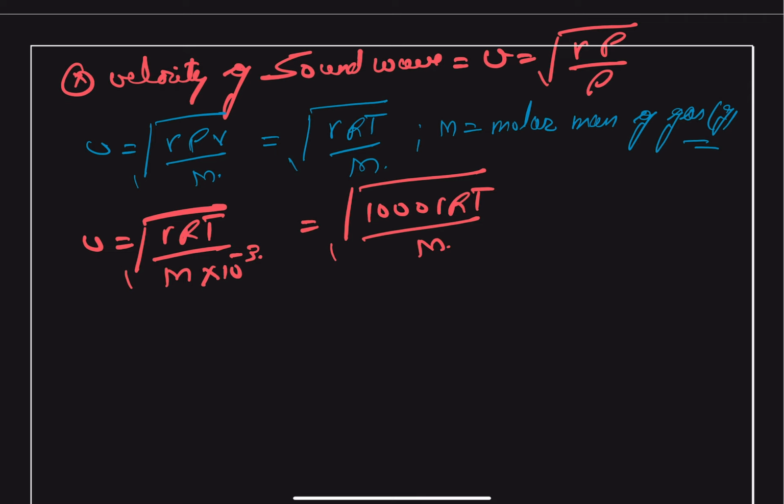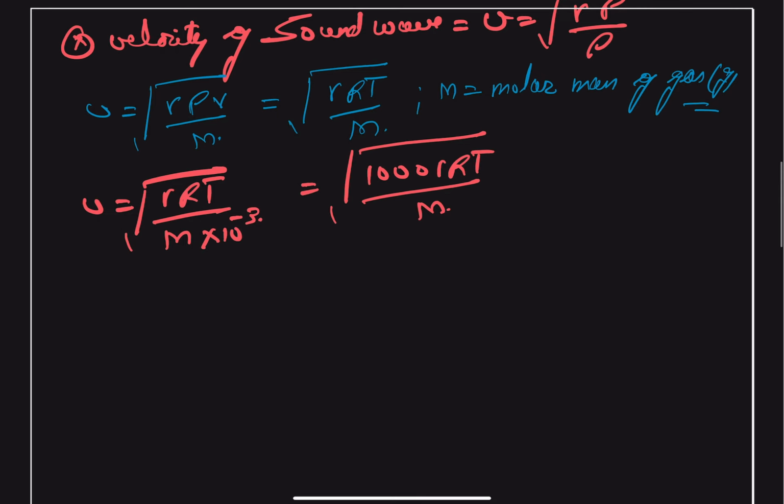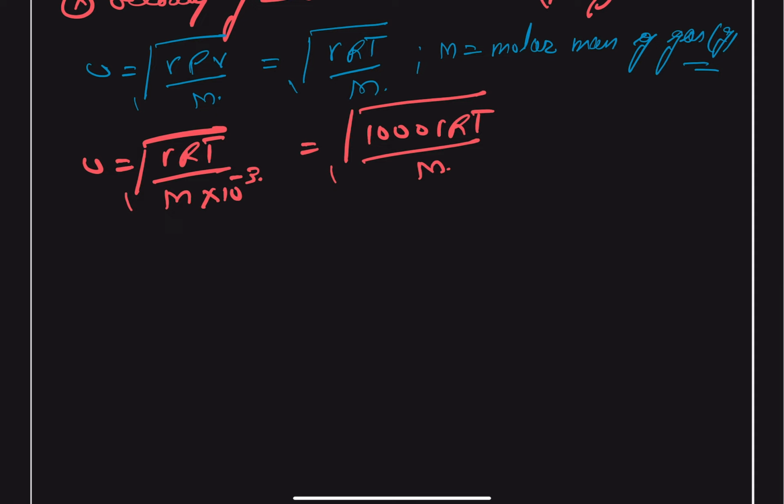We have to modify the velocity equation according to the formula given in the question. So we can write velocity equals the square root of 100 gamma RT, multiplied by 10 and divided by m.